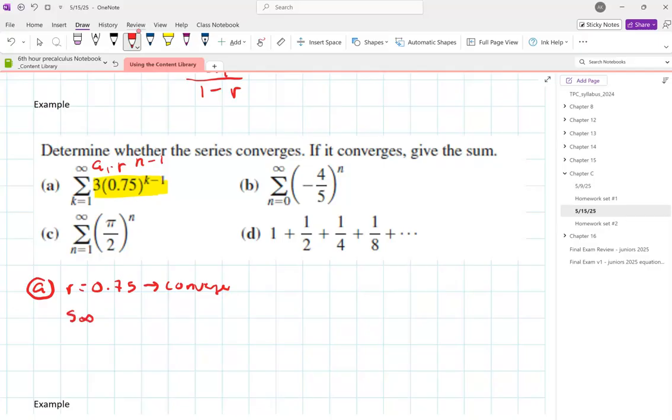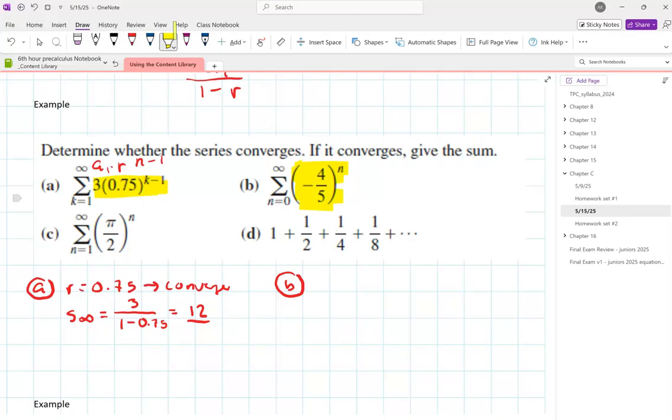And my sum then is going to be the first term, which is 3, divided by 1 minus 0.75. Comes out to be 12. Everybody okay with that?